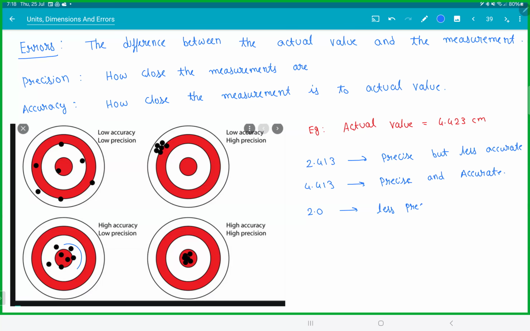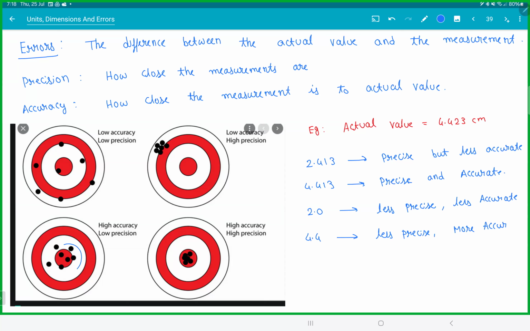The value is also pretty far, and there's only one decimal, meaning you're not measuring with a very good instrument. So you can say, at least for 11th and 12th, precision is how many decimals you have, meaning up to what decimal you're measuring the value. So if you see 4.4, this is less precise but more accurate. You're at least closer to this thing.